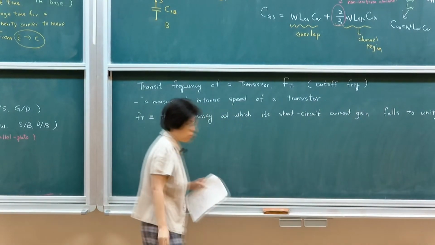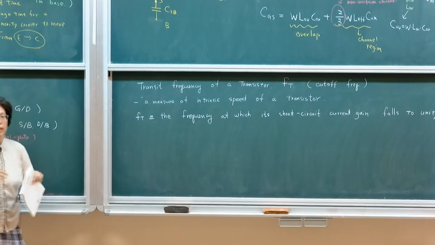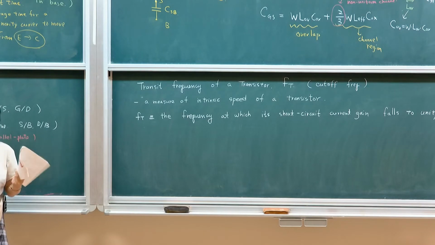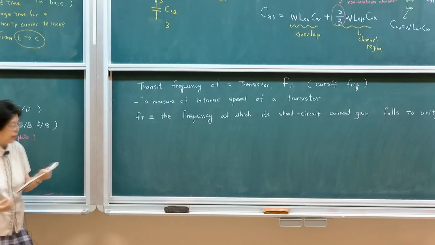So falls to 1. So at which frequency will it no longer provide current gain? The current gain will be lower than 1, meaning that it does not provide any gain.